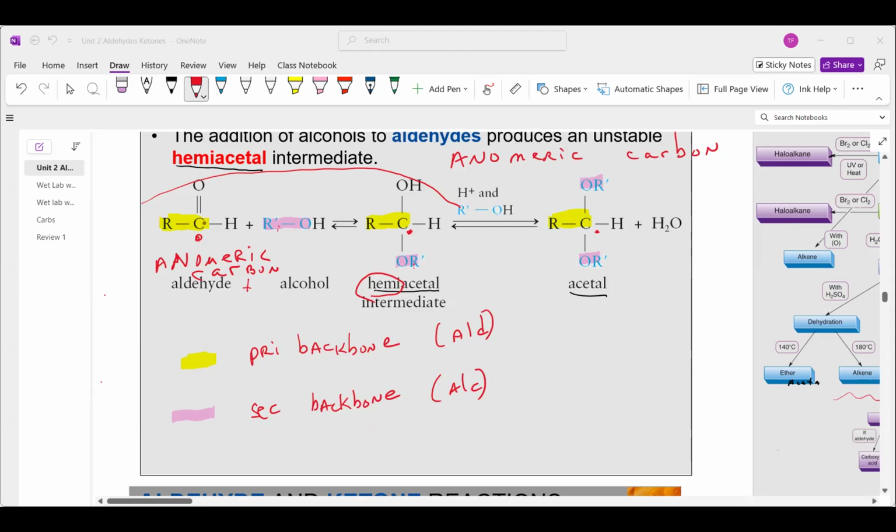Then it'll further react with alcohol present. If there's acid present, then alcohol will continue to react against the anomeric carbon. Okay, so we have a secondary backbone on the second alcohol.